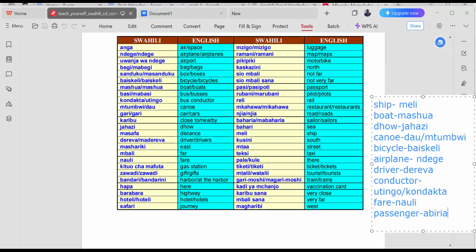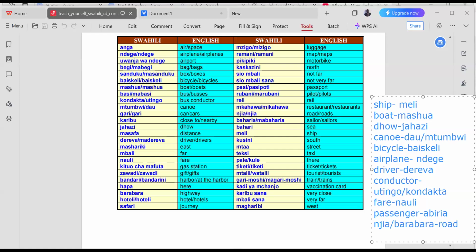Now, if you look in the chat, there's a word called njia. Njia is also implied to be a road, the same as barabara. So I'll ask you, which road are you using?